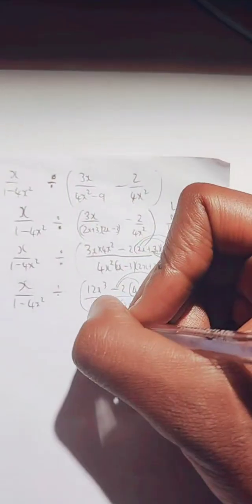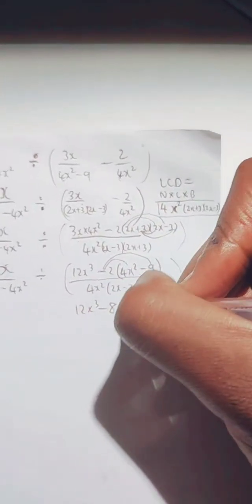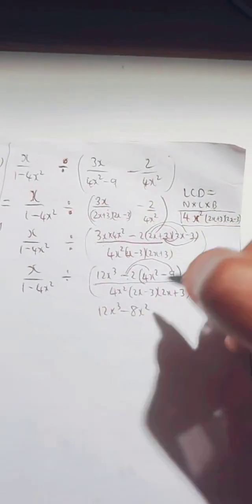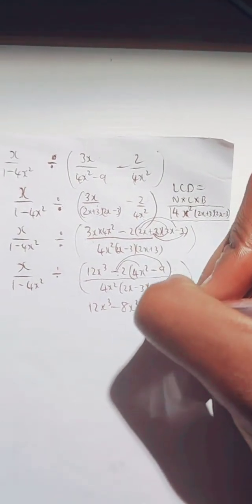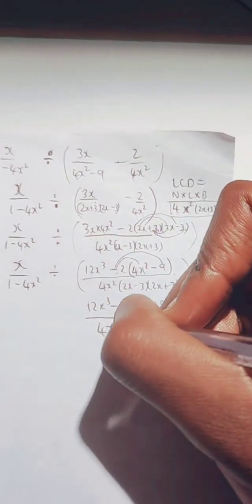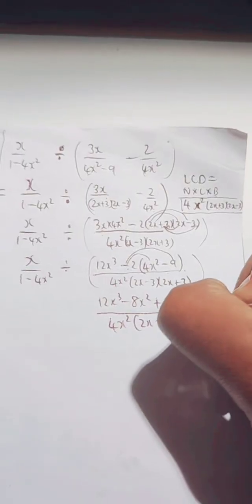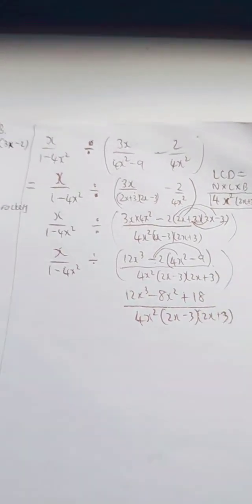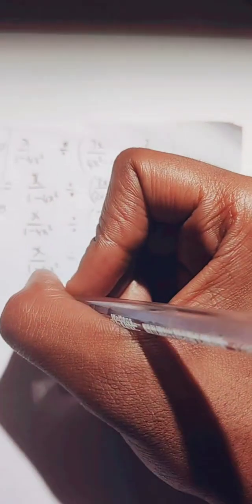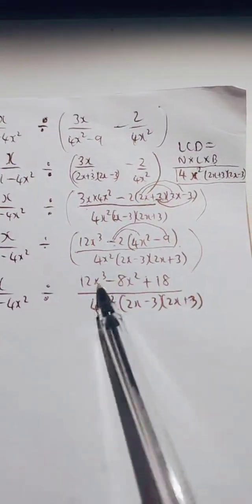So we are going to say 12x cubed minus 2 times 4x, negative 8x squared, minus 2 times negative 9, plus 18, over 4x squared into 2x minus 3 into 2x plus 3. Let's not forget the x over 1 minus 4x squared divided. We're still maintaining that. So now let's look at this and check.